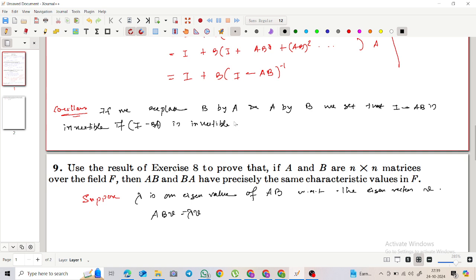If you just switch B and A in the above result, you get the opposite. So thus I minus AB is invertible if and only if I minus BA is invertible. Clear?